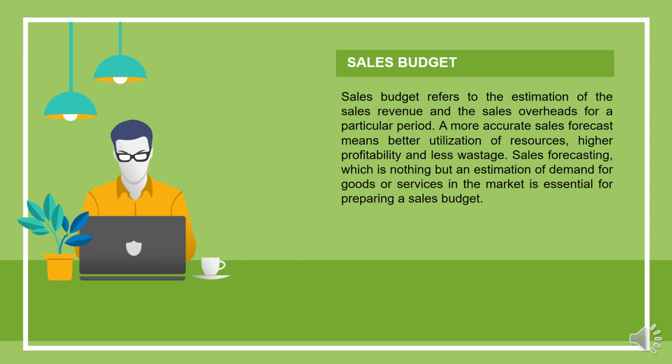In other words, sales budget is a basic budget which influences budgets of other departments like production budget, purchase budget, labor budget, overhead budget, cash budget, etc. Budgets of the other departments can be finalized only after preparing the sales budget.